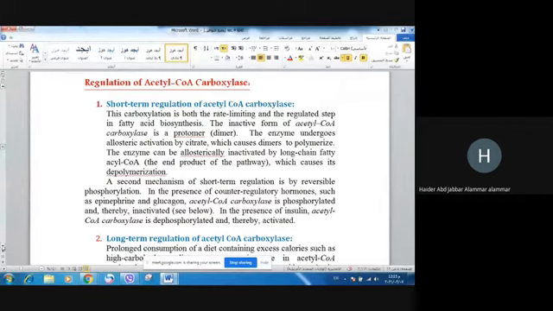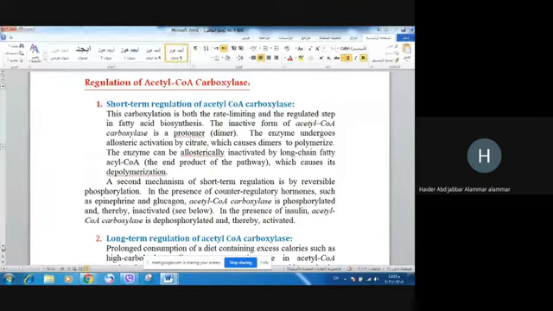Here, this enzyme is one of these exceptions. What I mean by that? In the presence of the counteracting regulatory hormones, glucagon and adrenaline or epinephrine, epinephrine and glucagon cause phosphorylation of acetyl coenzyme A carboxylase. Once the phosphorylation is achieved, the enzyme becomes inactive.